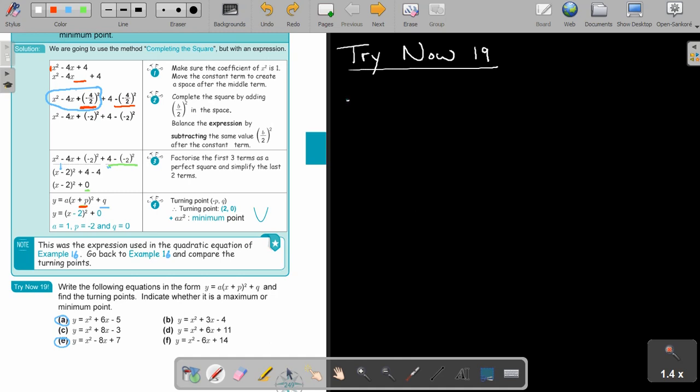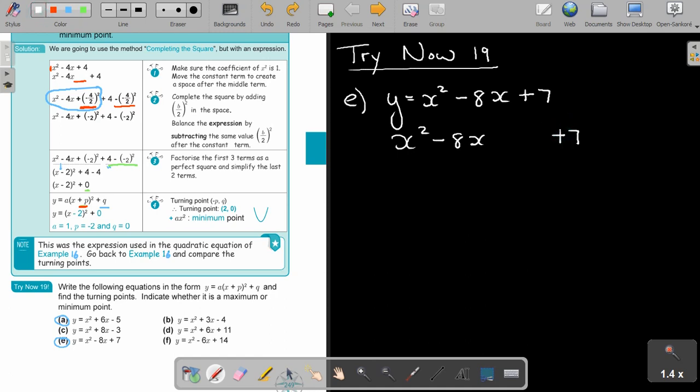Okay, so let's start with number E. So it's going to be y equals x squared minus 8x plus 7. And in this case, again, I just take out the expression. So then I'm going to start, and I'm going to leave that space. So leave the space and say plus 7.